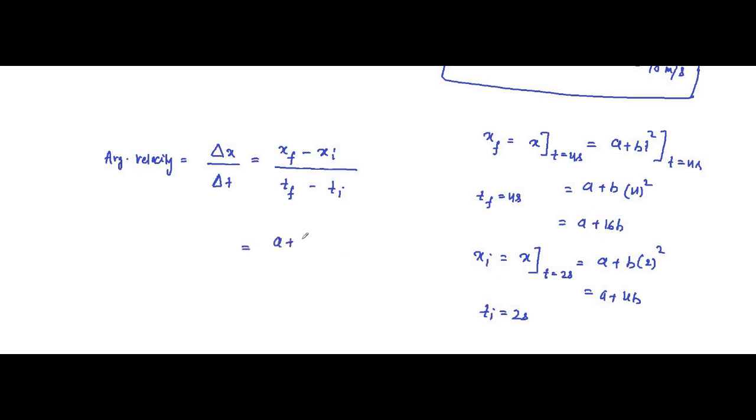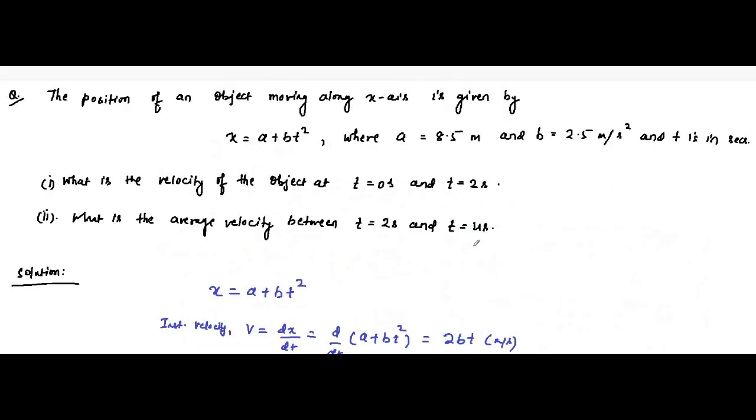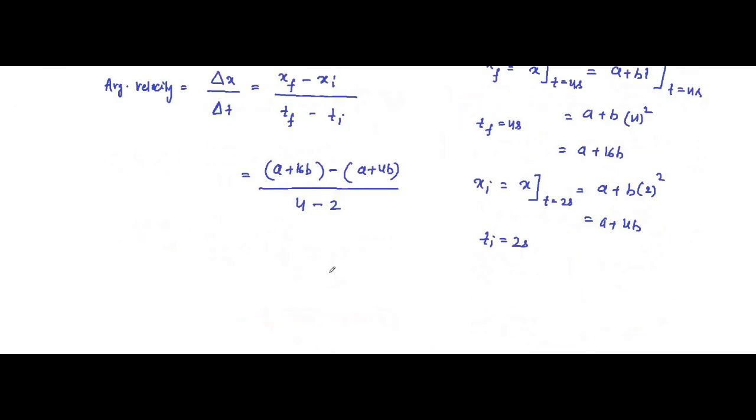xf minus xi, which is equal to a plus 16b minus xi, which is a plus 4b, divided by tf minus ti. Tf is 4 seconds, initial time is 2 seconds.